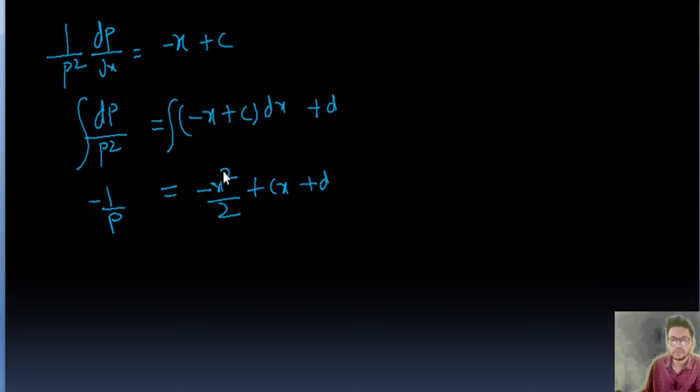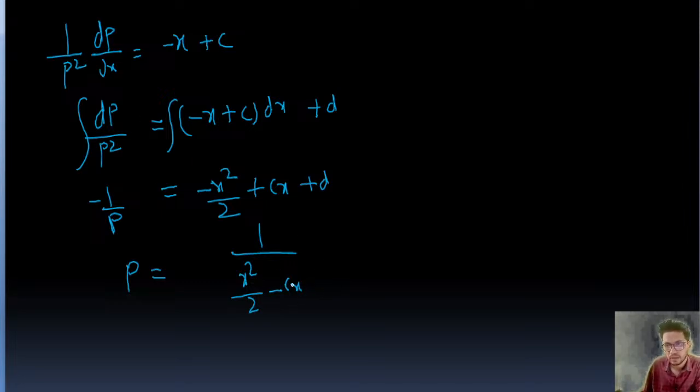Well, now we'll find the value of p. So from here, value of p is going to be 1 upon x square by 2 minus cx minus d.